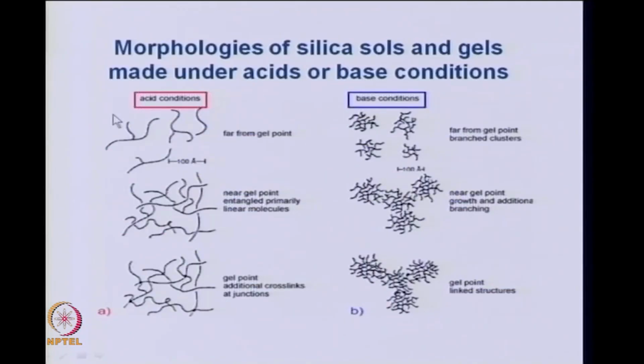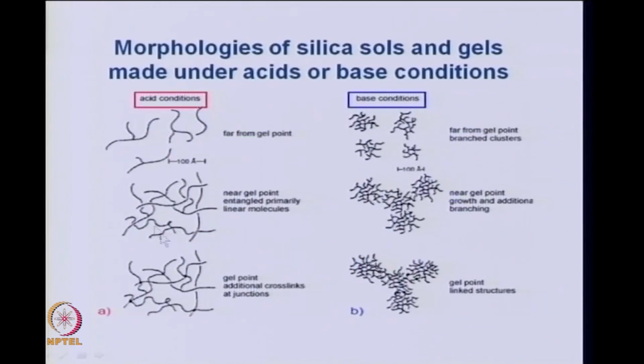So, if under acidic conditions you are doing this reaction and you are far from the gel point, then you get this kind of linear polymers with very little branching and which are very loose. However, if you use acidic conditions and you are near the gel point, then you get entangled linear molecules. So, a lot of linear molecules which are kind of crisscrossing themselves. This is when you are close to the gel point and you are using acidic conditions.